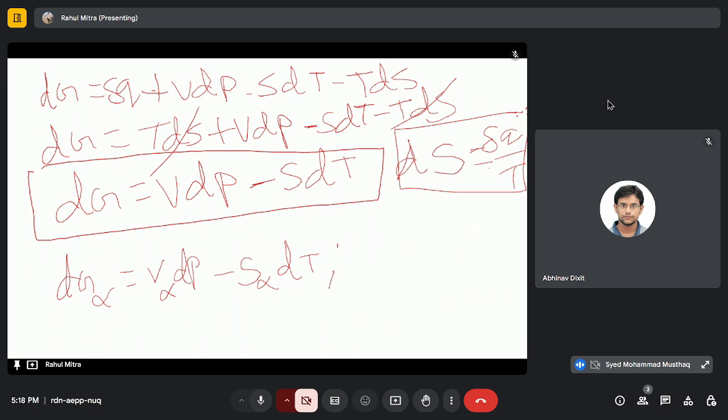If we have another system beta, it can be written as dG beta equals V beta dP minus S beta dT.